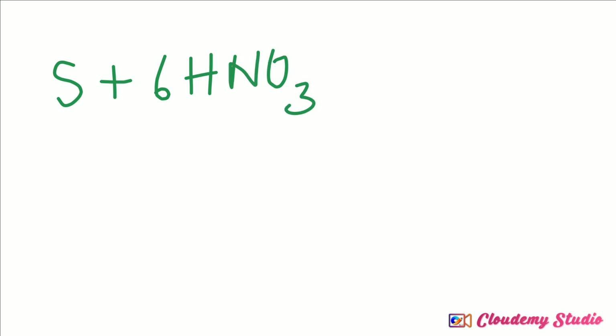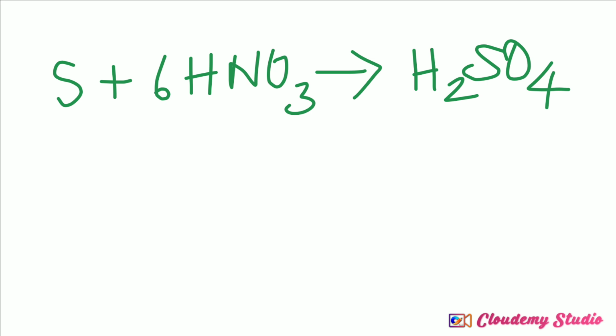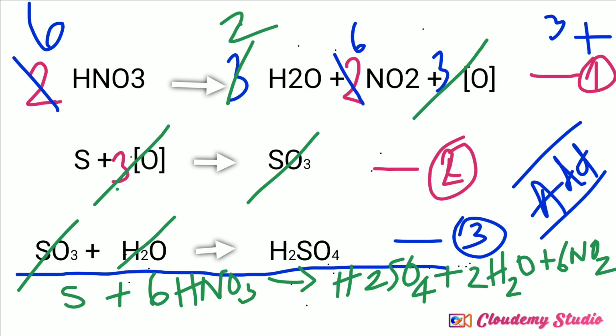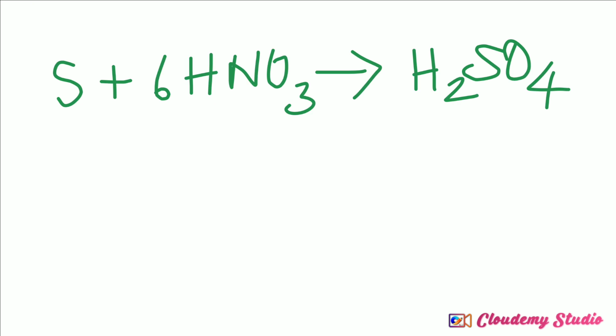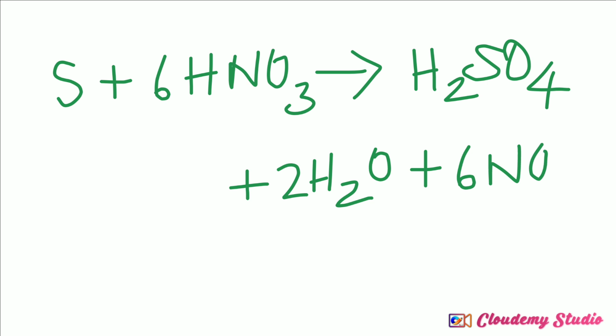This only we are writing again, that is sulfur plus 6 moles of nitric acid gives sulfuric acid H2SO4, plus 2 moles of water and 6 moles of nitrogen dioxide.